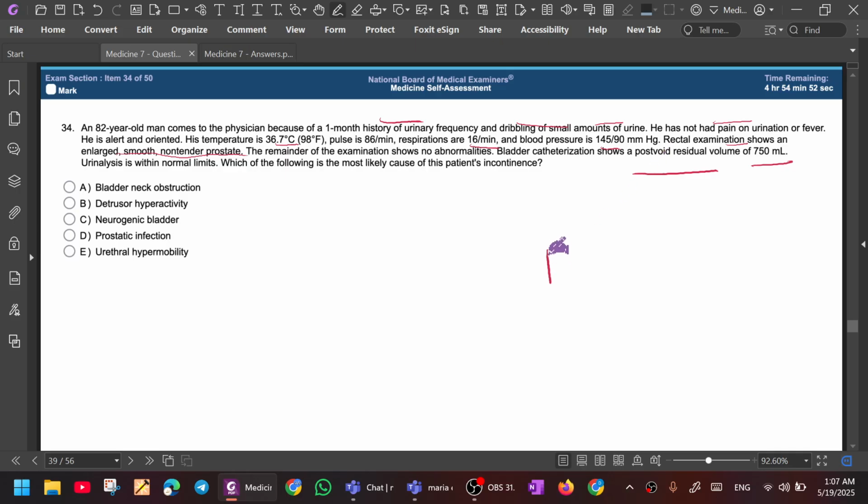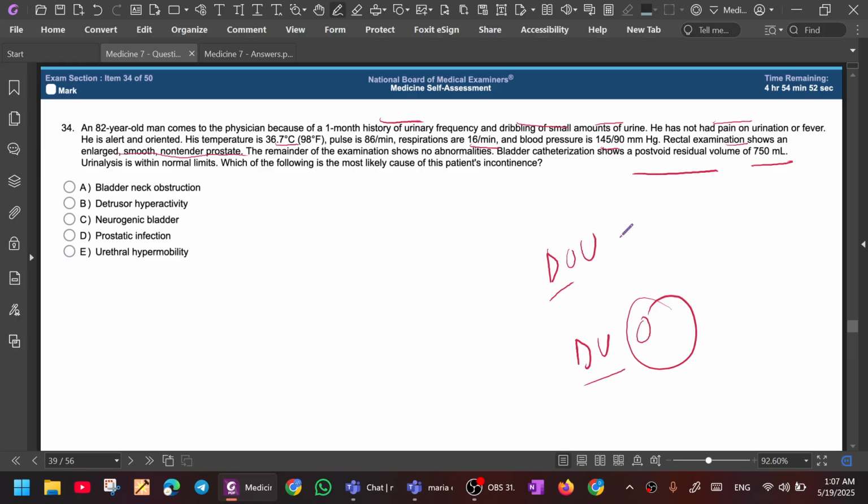Is it overflow? Is it what? The post-void residual is high.